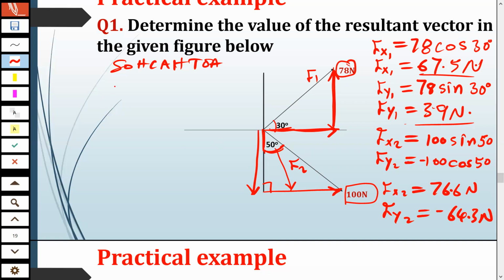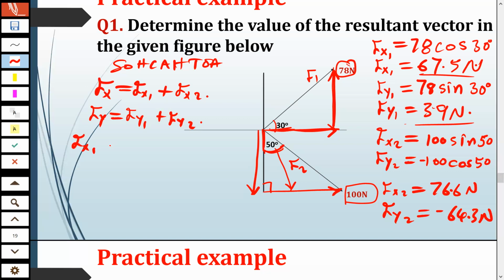So to find the resultant, we find F in the x: the resultant Fx is going to be equal to Fx1 plus Fx2. And then the resultant F in the y is going to be Fy1 plus Fy2. So now let us find the resultant.